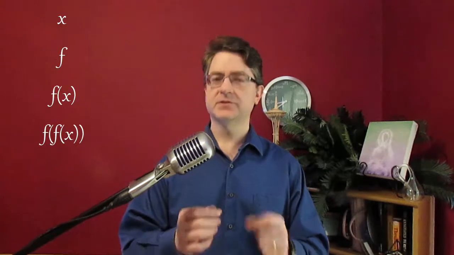So if something is idempotent, that means that if I apply that same change twice, I should still be in the same state as if it had applied it once. So we can define that formally by saying that f(f(x)) is equal to f(x). That's the formal definition of idempotent.